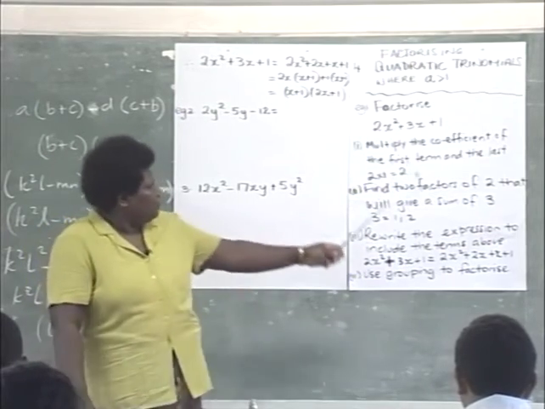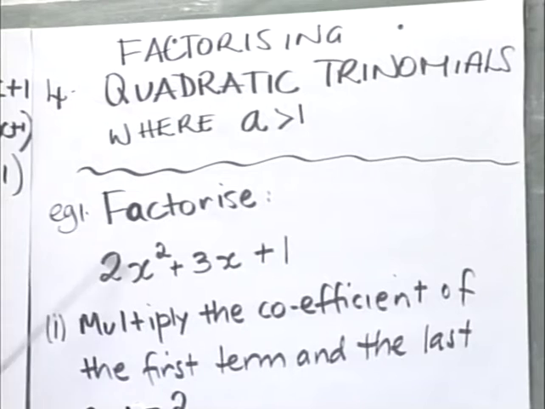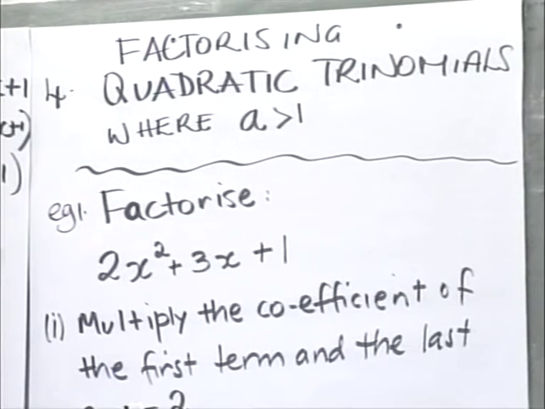Okay, if we are to factorize this quadratic expression now, how would you recognize that this is a quadratic expression? How will you recognize that all of these ones here are quadratic expressions? What's so important about quadratic expressions?